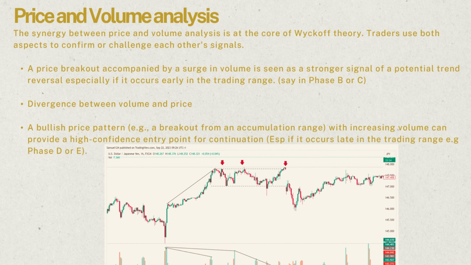So here you see a surge in price. This bullish move to the upside was also accompanied by a surge in volume here. It was accompanied by a surge in volume here, this move, right?